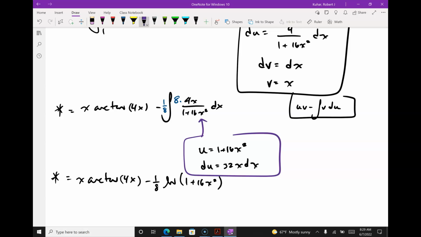Kind of weird in that I'm going to evaluate this from 1 to 4. I'm going to get some kind of decimal out of it, right?